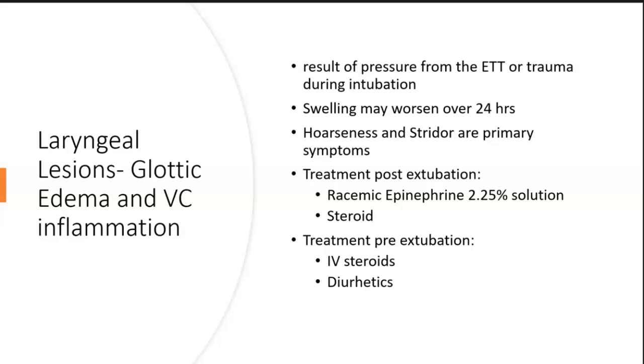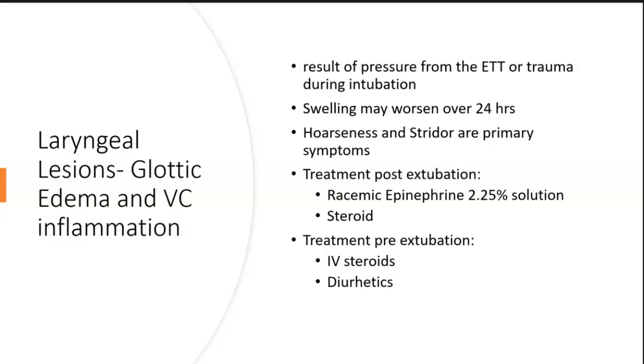Typically, we're going to treat it first with racemic epinephrine. You can add a steroid to that to help reduce the inflammation. Some steroids would be your Pulmicort. Those don't work very quickly, so typically we just stick with the racemic.